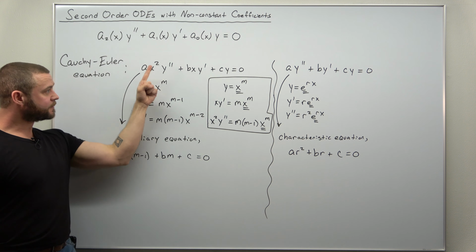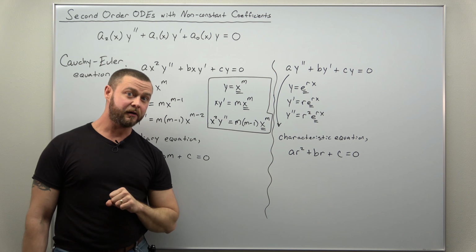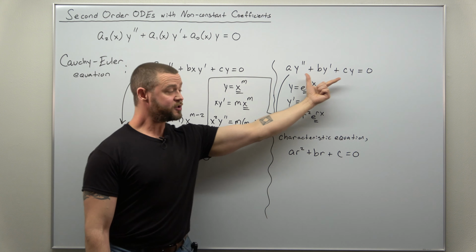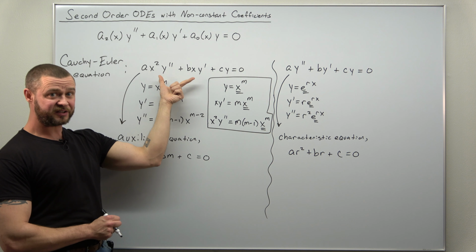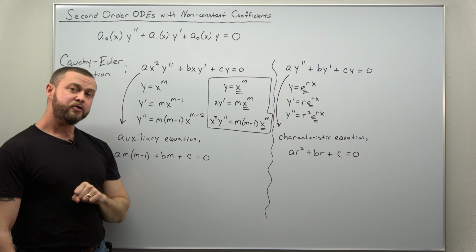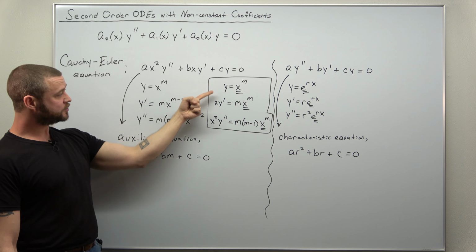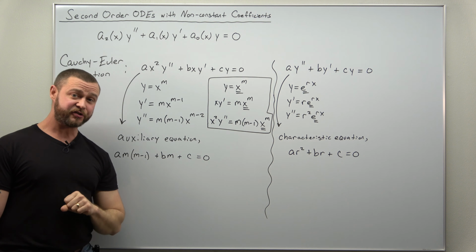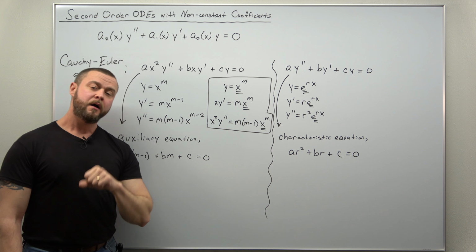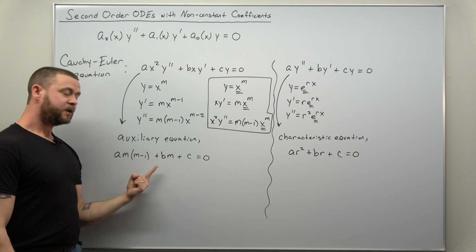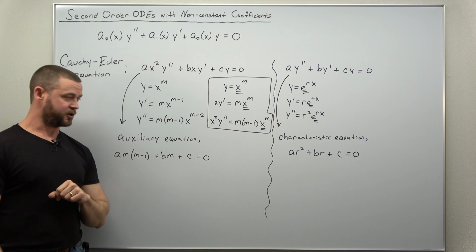And even though these are very different types of second-order differential equations, constant coefficients versus non-constant coefficients, notice due to the structure of the differential equation here, it was those powers of x that match the order of the derivative. Both of these differential equations convert to quadratic equations.